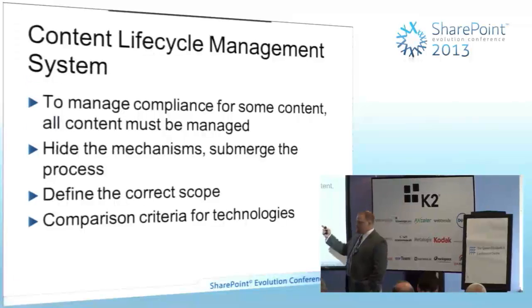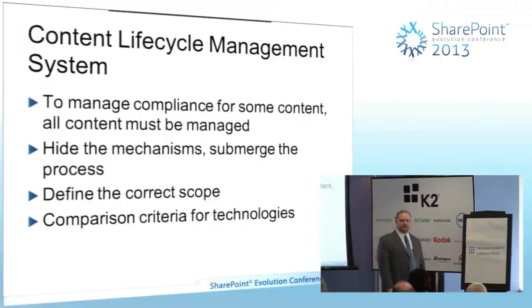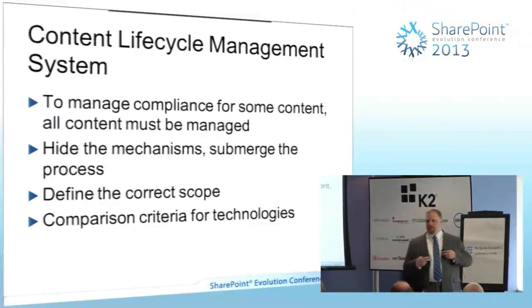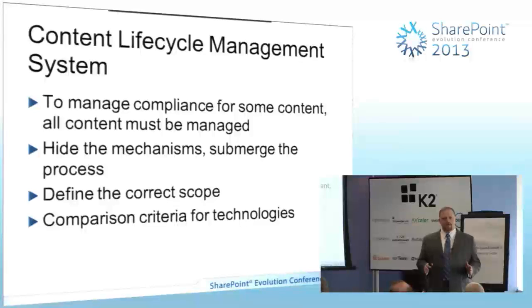So, the content lifecycle management system is the technology that's going to make this entire process possible from a cost point of view. The goal for the system is not to do everything. It's not to automate everything. That's impossible. We're not building artificial intelligences yet. I'll get back to you on that.